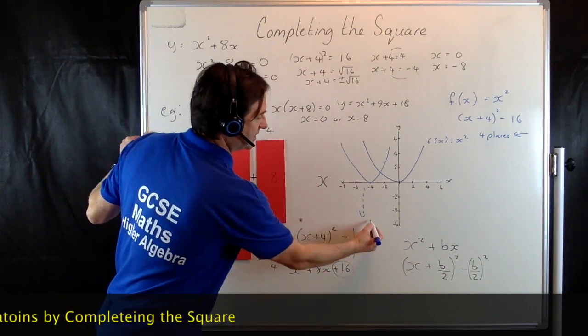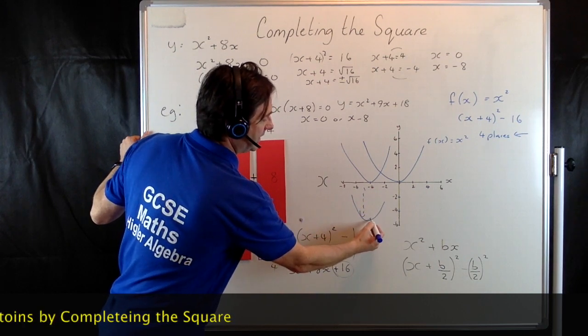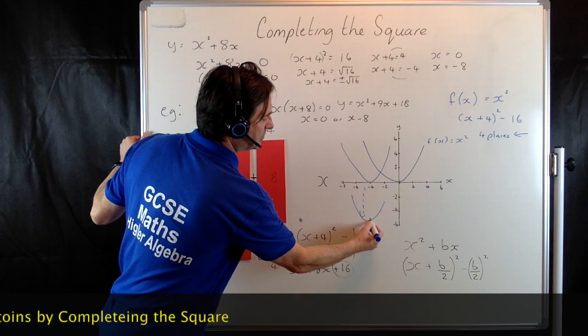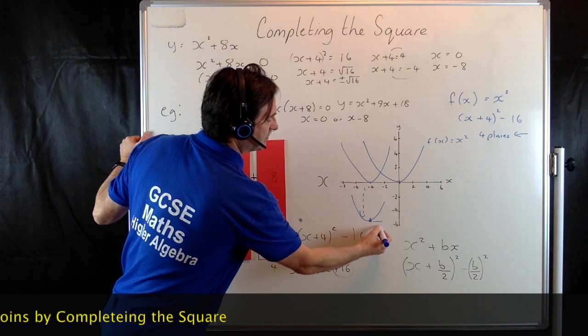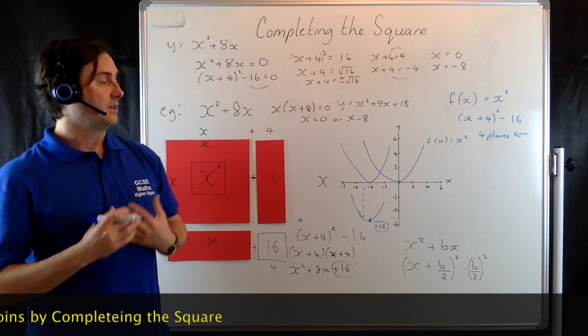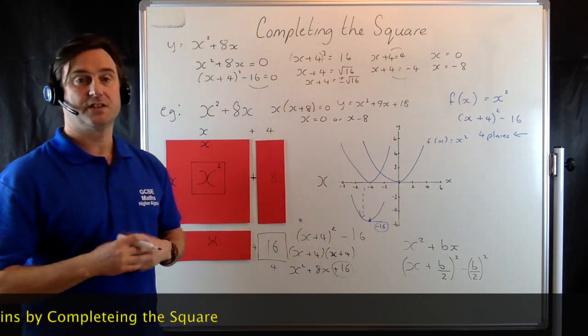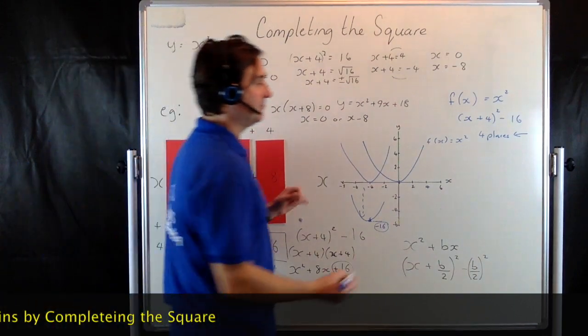So our curve is going to be on the negative 4, but this point at the bottom of the curve is going to be at negative 16. So we can see exactly where the vertex of our curve is, and we could sketch that appropriately.